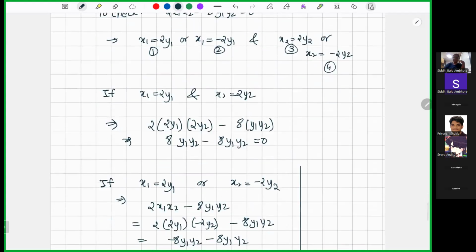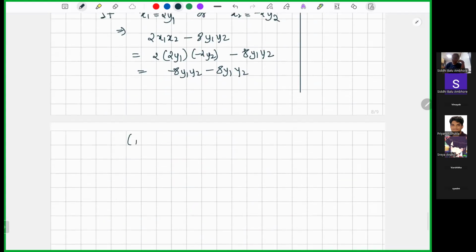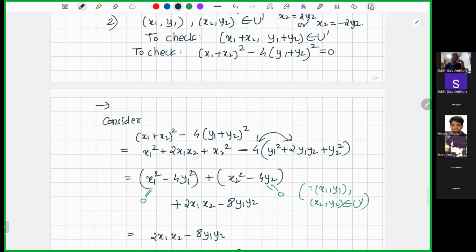For example, let us take these two things. What are all the points which belong here?